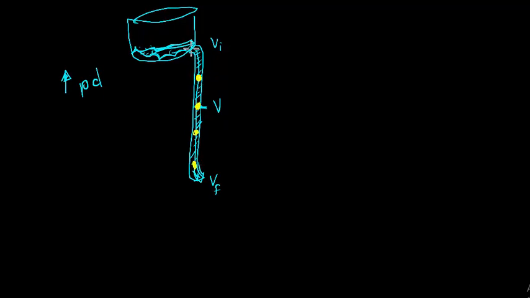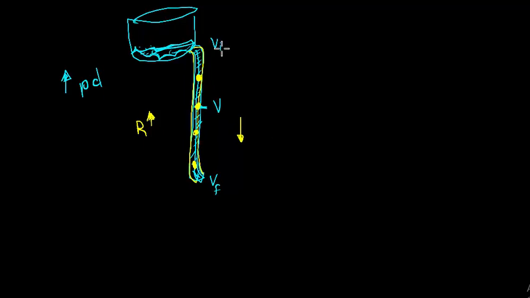Or maybe the thinner the pipe is, the more the sides of the pipe cause resistance to the flow compared to the amount of water passing through. So these types of things will reduce the velocity. So an increase in resistance will reduce the velocity of the water.